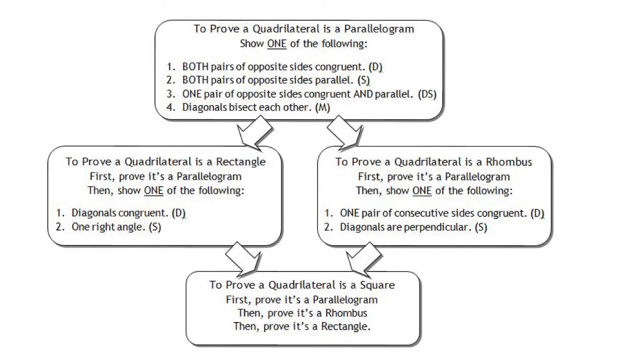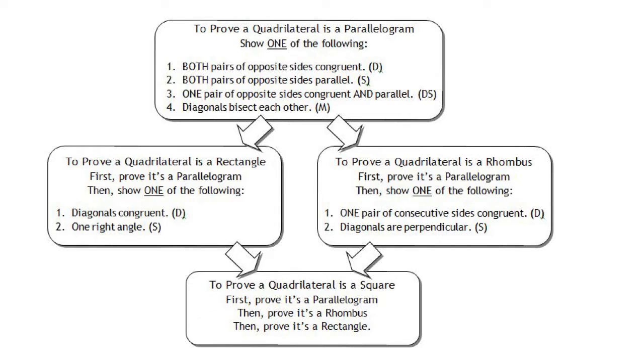So if you want to prove that a quadrilateral is a parallelogram, you do one of the following. You show that both pairs of opposite sides are congruent. You show that both pairs of opposite sides are parallel. You can show that only one pair of opposite sides are both congruent and parallel, or you can show that diagonals bisect each other.